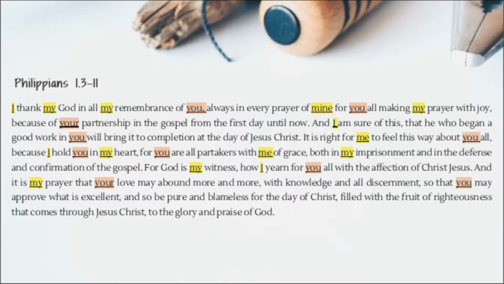So this shows you that Paul is praying for the church, which is really cool. I love this scripture. I thank my God in all my remembrance of you, always in every prayer of mine for you all, making my prayer with joy because of your partnership in the gospel. It's like every other word is either I or you, right?